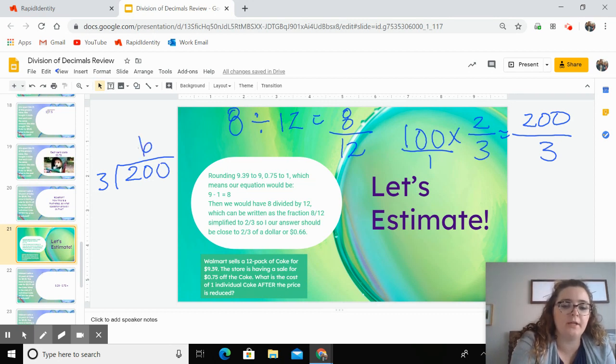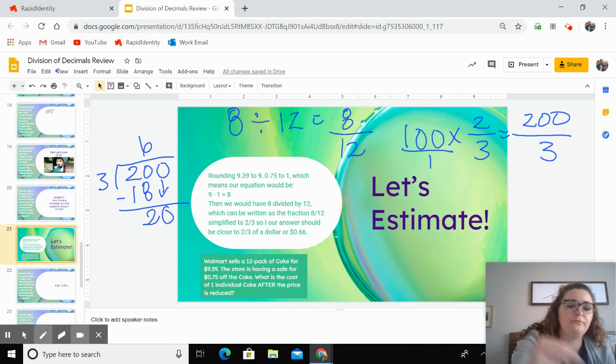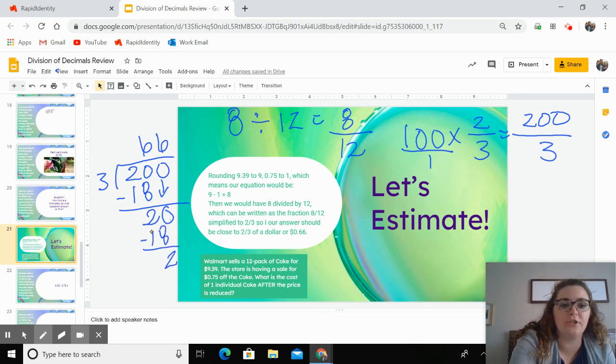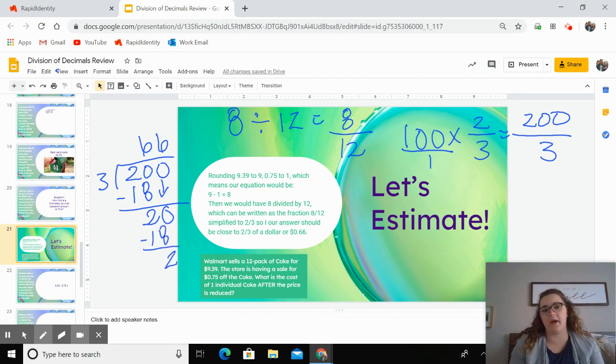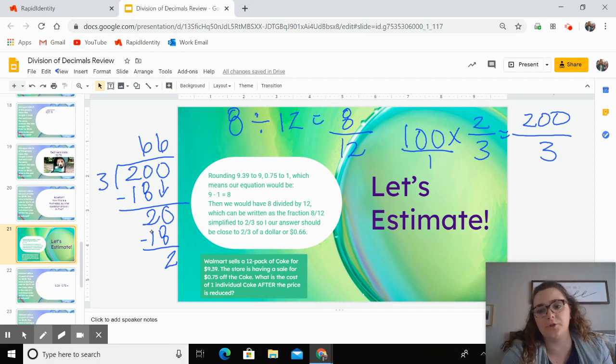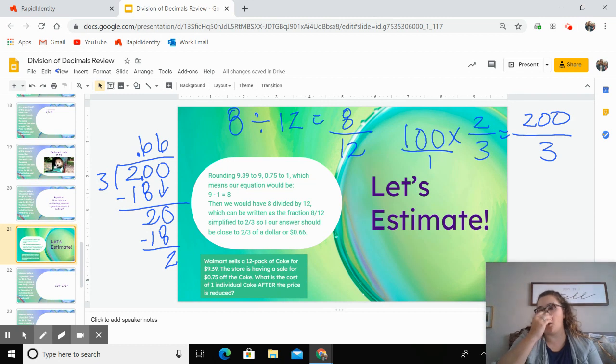It can go into it 66 times. It would keep going and keep going, okay? Because I was talking 200 cents, it's 66 cents, because $2 is 200 pennies. So our answer should be somewhere around 66 cents based on our estimation.